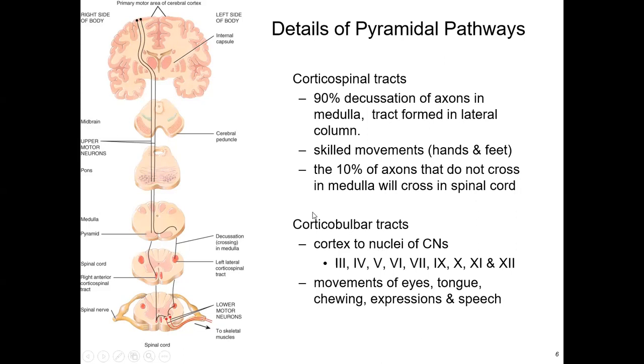So these corticobulbar tracts are part of the direct pathways, but they involve cranial nerves. The others involve spinal nerves, as you see here. So let's take a brief look at just what are those muscles that receive nerve impulses from these cranial nerves that are listed here.